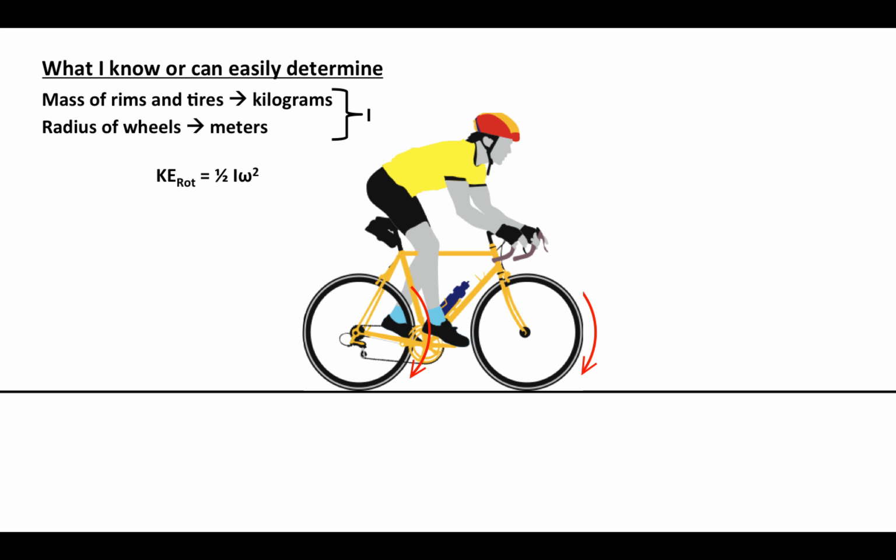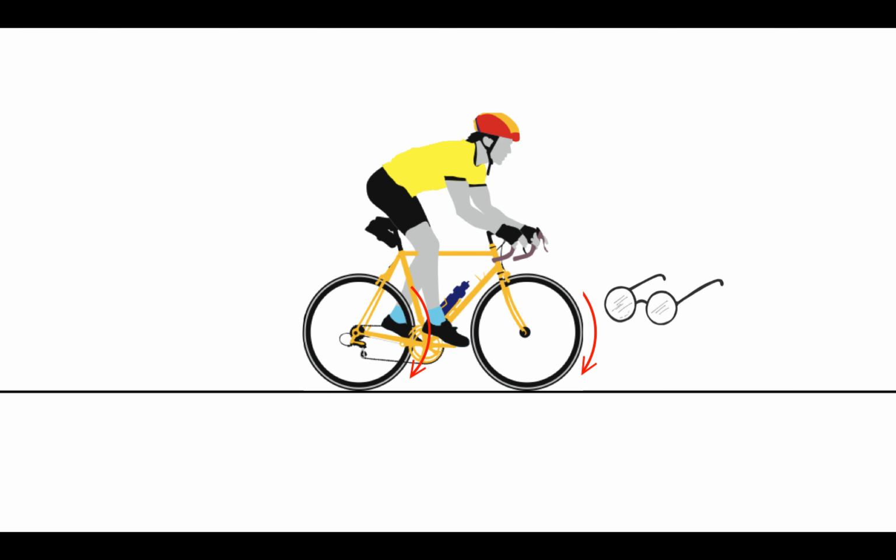Here's the expression for the rotational kinetic energy. We know how to compute the moment of inertia, but what about the rotational velocity? So let's look at this further, because I know that somehow the velocity of the bike has to be related to the rotational velocity of the wheels, but what is that relationship?